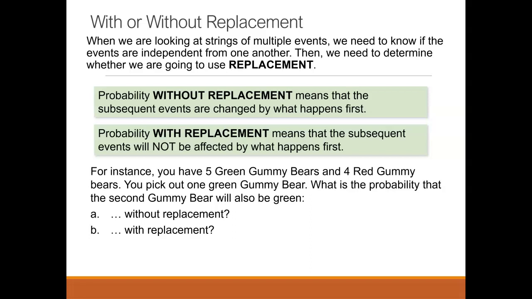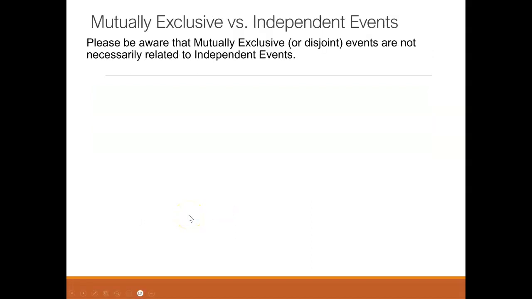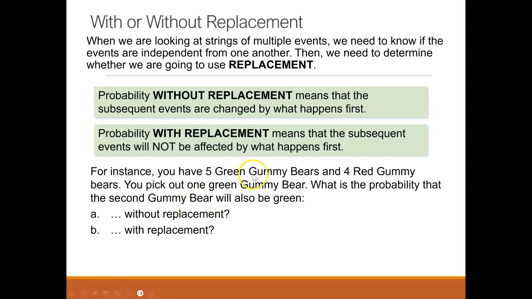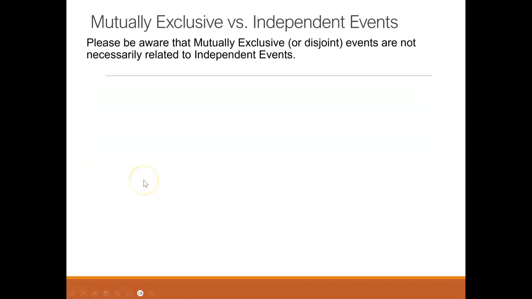If I do it with replacement, it should be 5 out of 9, right? Because there's now 5 green gummy bears, because the one I picked out first I put back. And then there's 9 total gummy bears still. Okay. Did I not have an answer in there? That's weird. Okay, whatever.